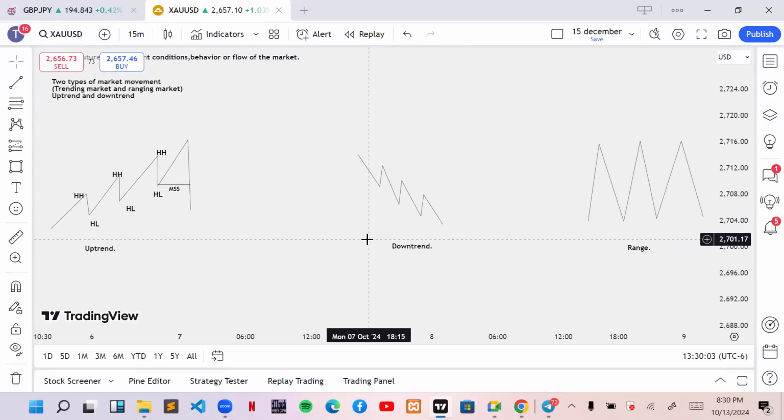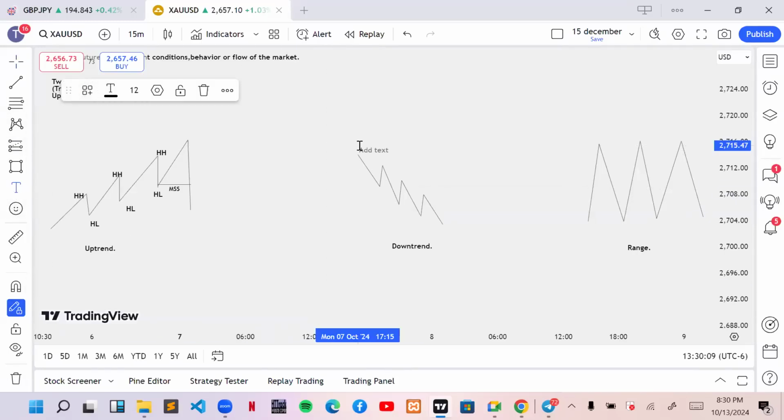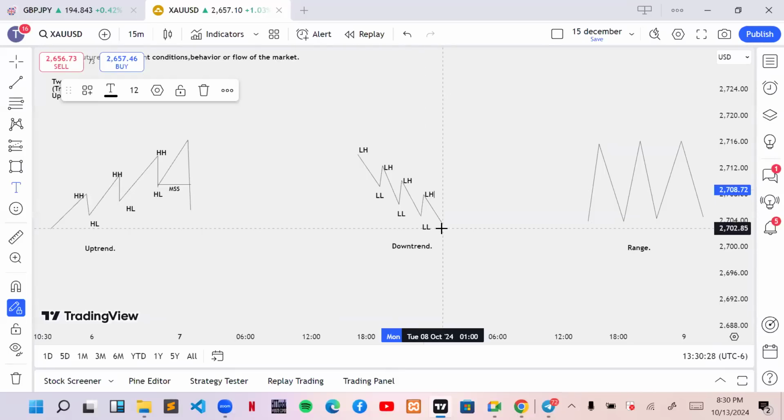Same thing as when the market is on a downtrend. You can see the downtrend is a series of lower highs and lower lows. So this is a lower high, and then this is a lower low. You see a lower high, a lower low, a lower high, a lower low, a lower high, then a lower low here.